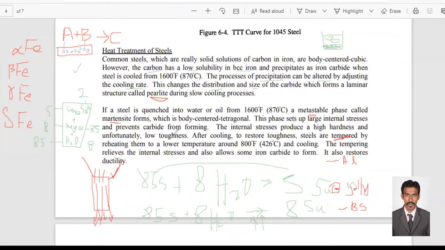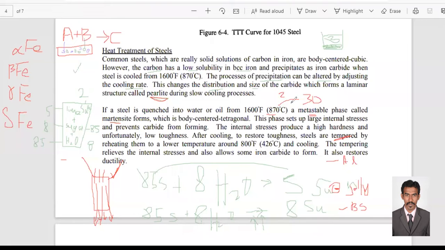Similar thing is happening here. The temperature is very high, around 870, and you put it into water, which is at around 30 degrees, the normal environment temperature. So 870 degrees to 30 degrees Celsius in a few seconds, say 2 seconds. You just take it and put it in the water.